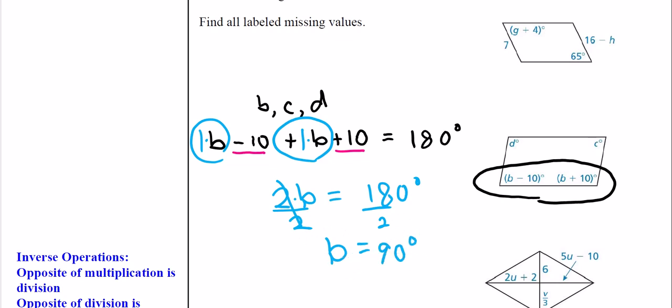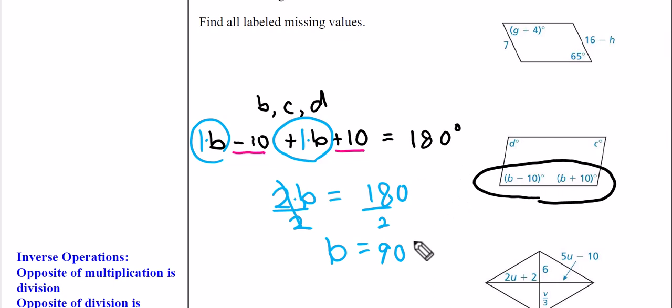Interesting. So obviously this parallelogram wasn't drawn correctly. Or actually, that's a mistake on my part. Snap. Because B is 90, not the angles, right?